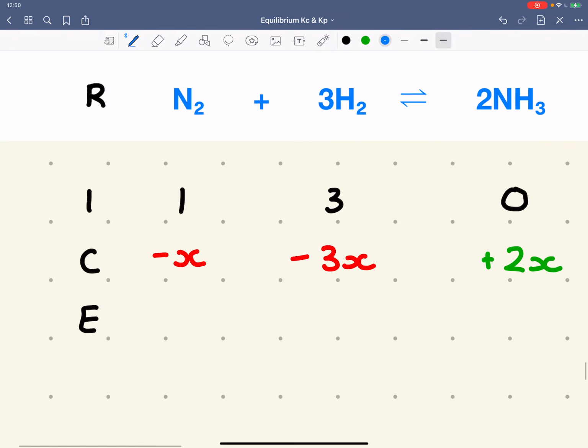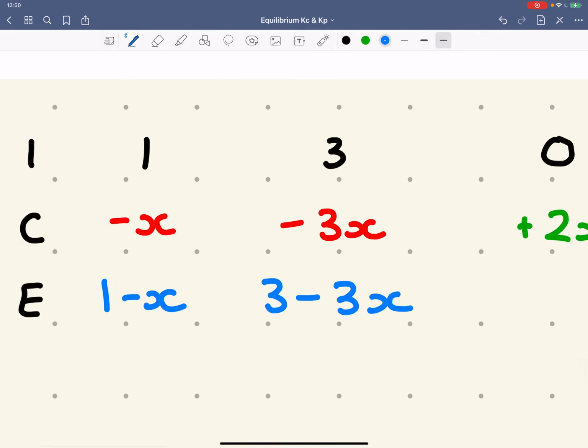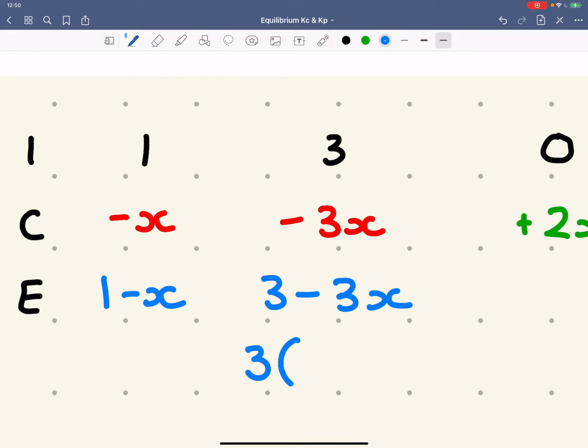At equilibrium then, I've got 1 minus x. I've got 3 minus 3x, which you can simplify to 3 brackets 1 minus x. They're equal to the same thing.